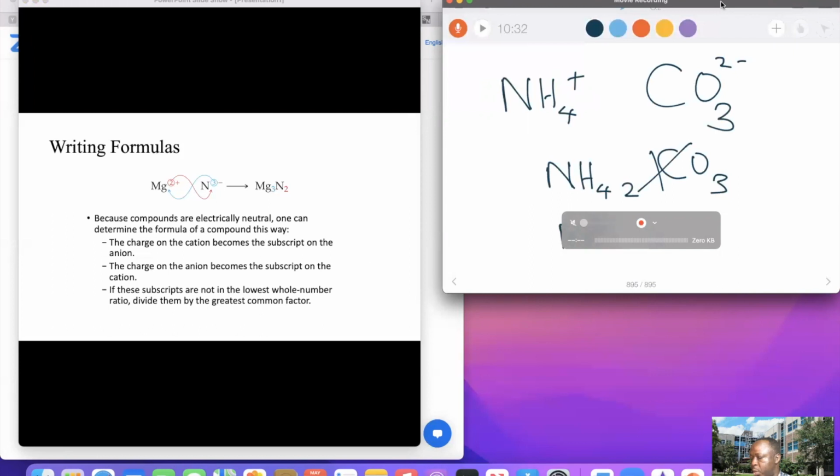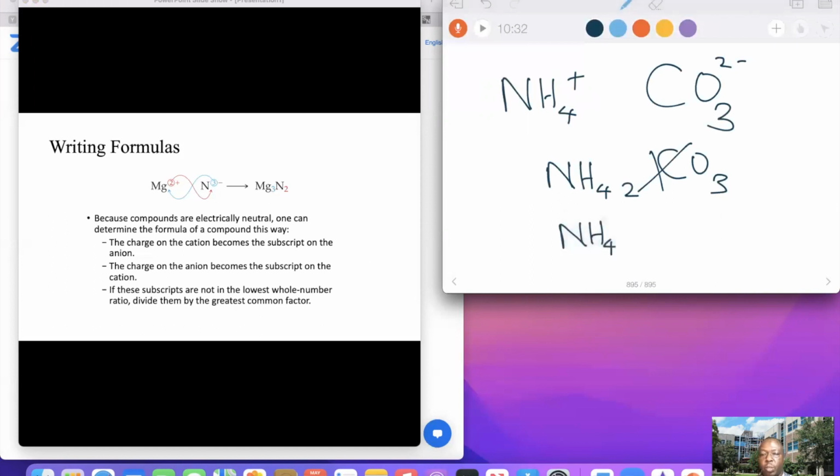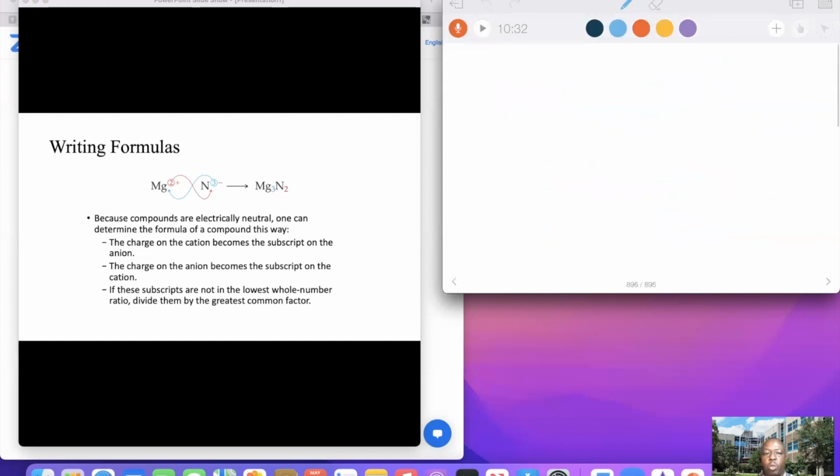Remember, polyatomic ions work as if they are one unit, so this 2 comes from carbonate, and then there is 1. Don't put parentheses for the 1, it's understood. This is the correct formula for ammonium carbonate, just to show you how to use polyatomic ions.